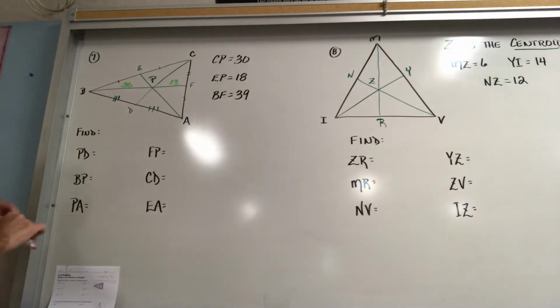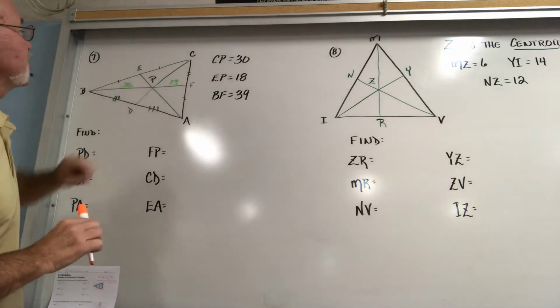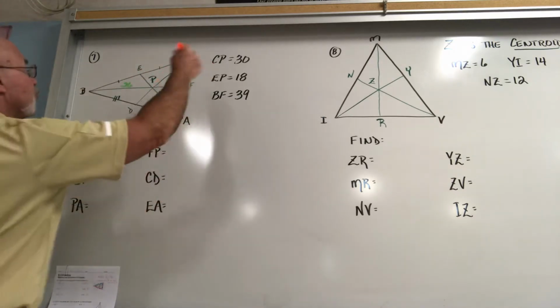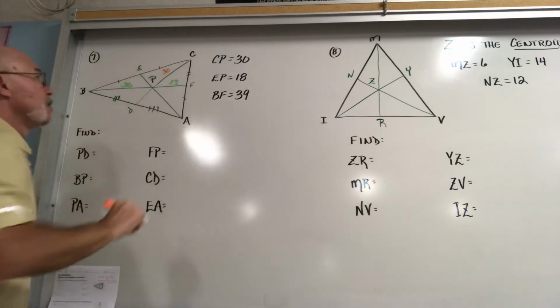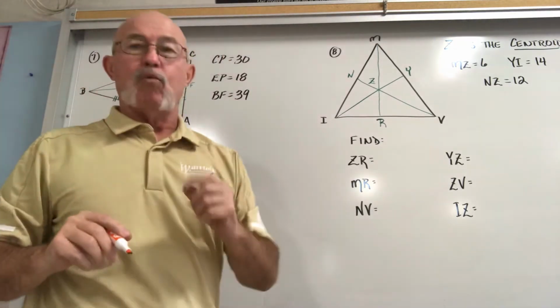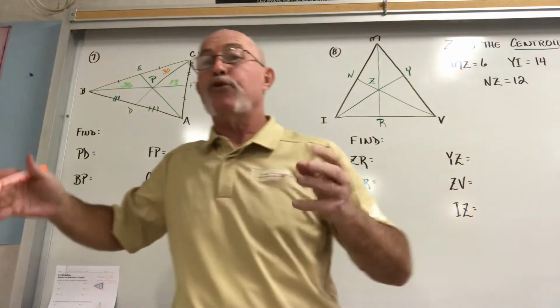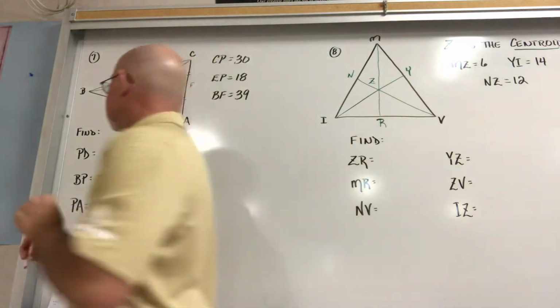CP is 30. That's 2/3 right there. So you have to figure out what 30 is 2/3 of.